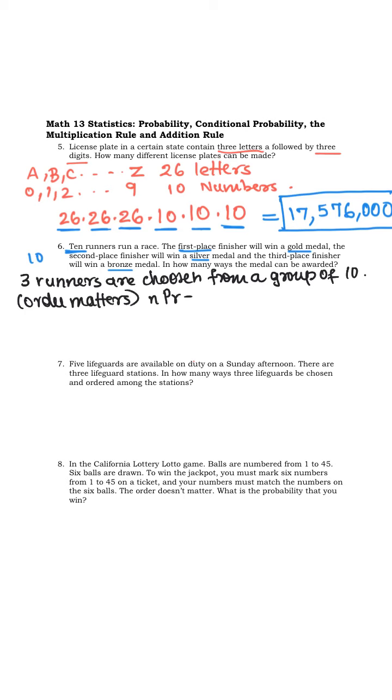So nPr is n factorial divided by n minus r factorial. n is 10, so 10P3.